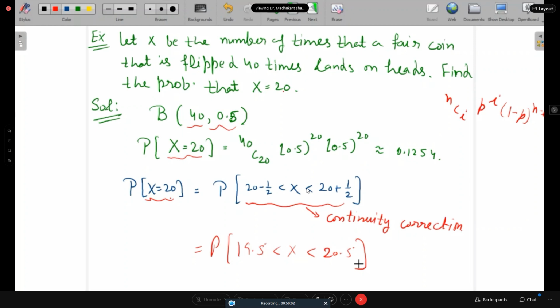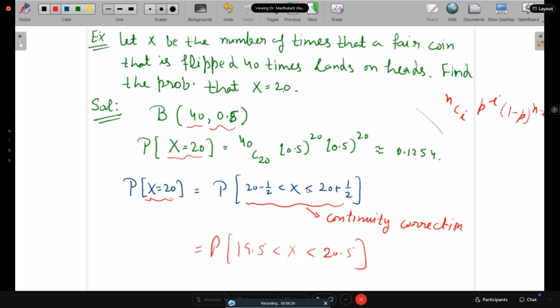First of all, you have to keep in mind that the standard normal table is available, meaning the table is available for the standard normal random variable. So you have to make the mean 0 and variance 1. You can find the mean of the binomial random variable, which is n times p.